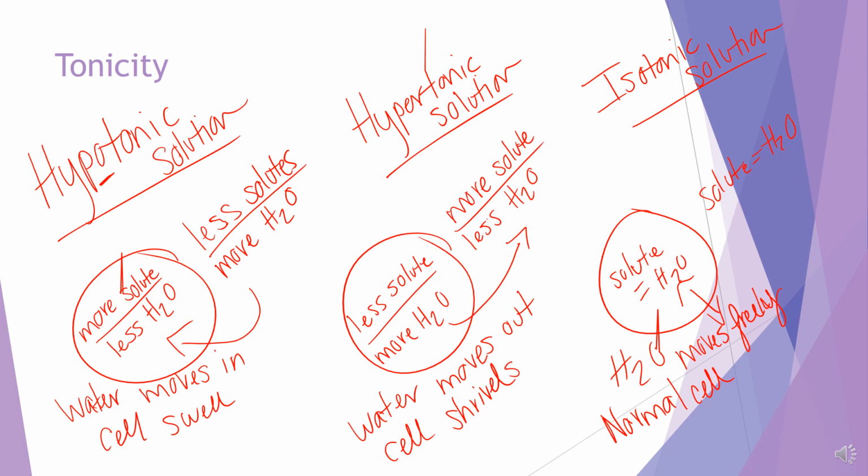So the water that's inside that piece of potato is actually going to leave the potato, and the potato is going to shrivel up. I think of like a plant kind of shriveling up. And then if I place it in isotonic solution, the potato is neither going to shrivel nor swell. The water is going to move freely because that's its normal solution. Iso also means same, so you can remember that too. Iso means same.